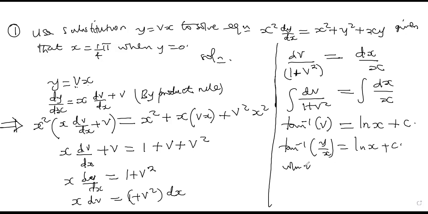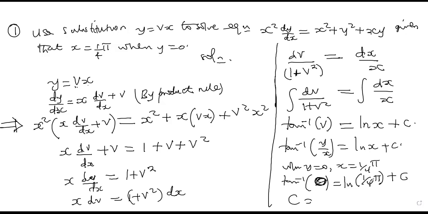So if you substitute here, we shall get tan inverse of 0 is equal to ln of a quarter pi plus a constant c. So now it means that our c, since tan inverse of 0 is 0, will be negative ln of a quarter pi.